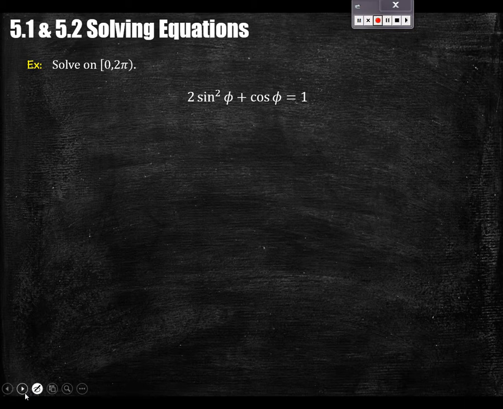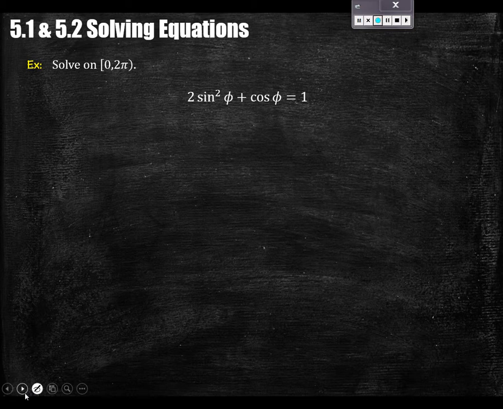If you subtract 1 from both sides, you have 2 sine squared phi plus cosine phi minus 1 equals 0.